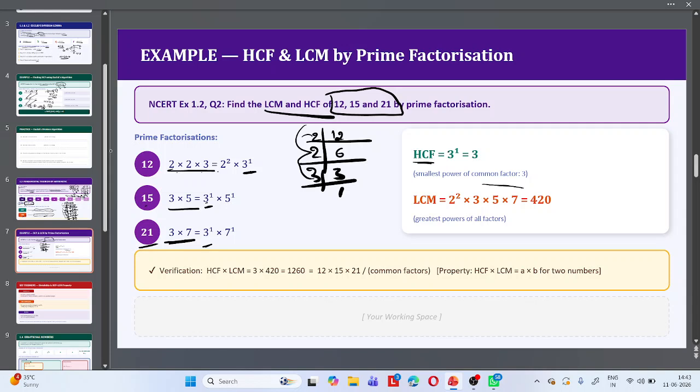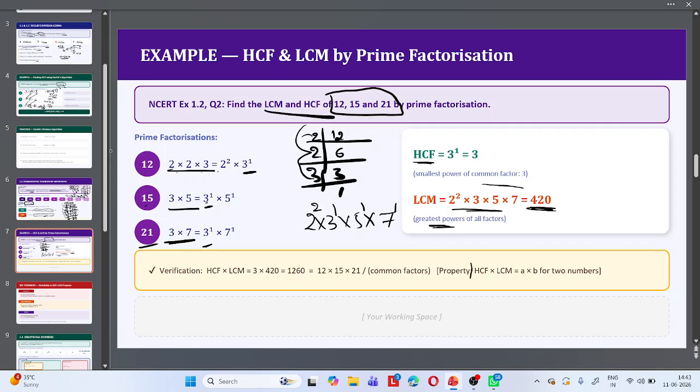Here the prime factors are 2, 3, 5, 7. Later we move on to the powers. Here we consider the greatest powers. The greatest power for 2 is 2, for 3 it is 1, for 5 it is 1, for 7 it is 1. Understood? By multiplying these we get 420 as the LCM. Clear? This is about HCF and LCM.